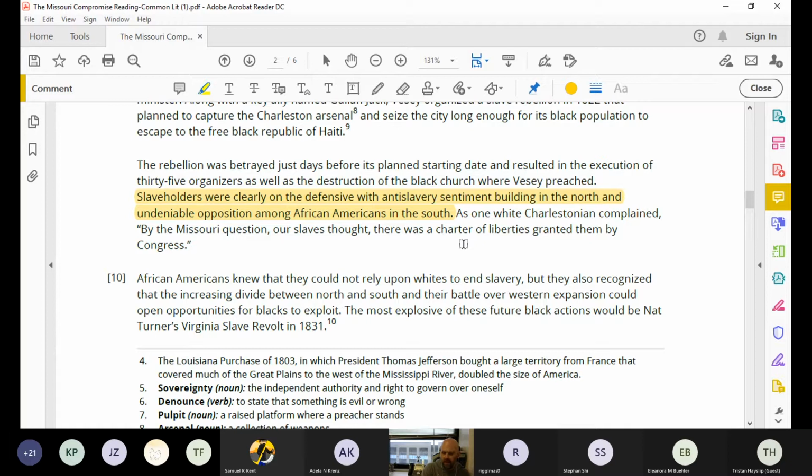One of the major disadvantages that the Confederacy had is they had a huge percentage of their population that at any moment could revolt and cause major disruption during the war. It really is amazing that we don't have major revolts or rebellions going on during the Civil War on the part of African Americans. It's very interesting, because that would have been a huge blow to the South.